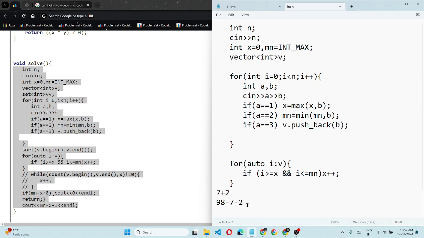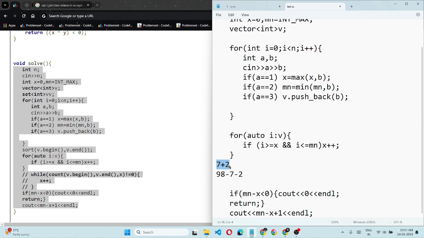So I'm doing the same thing but in a slightly different way. So that would be 9 here. Now I'm just subtracting it together, and if at the end it comes out negative, then I'll just print 0 here. That's it. Or else I print the number here.